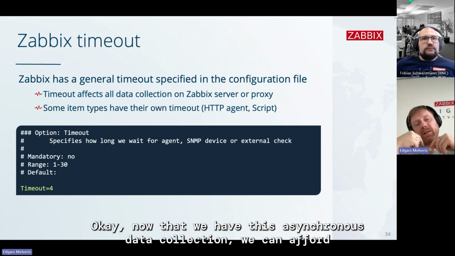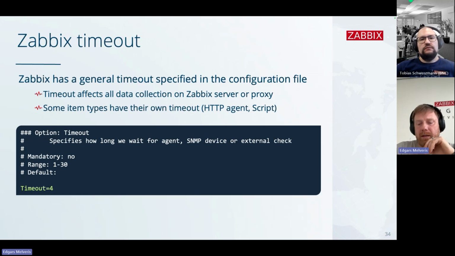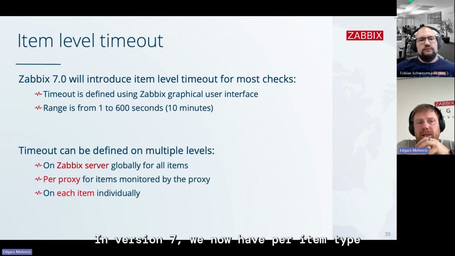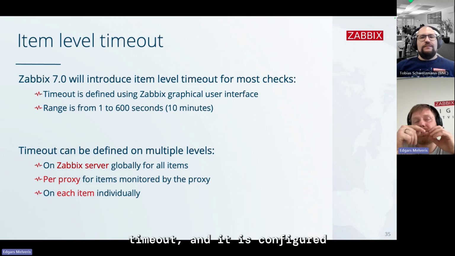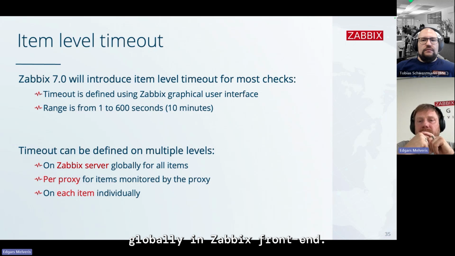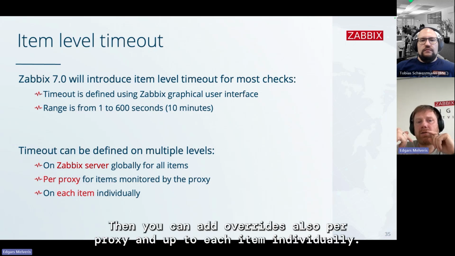Now that we have this asynchronous data collection, we can afford much different timeouts. So in version 7, we now have a per item type timeout, and it is configured globally in the Zabbix frontend. Then you can add overrides also per proxy and up to each item individually.